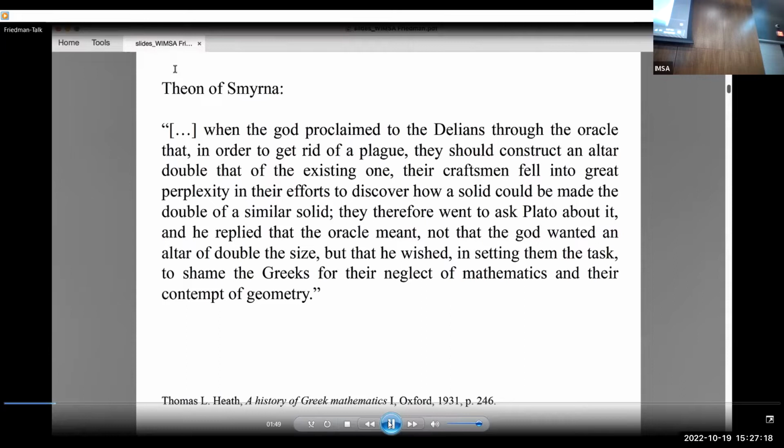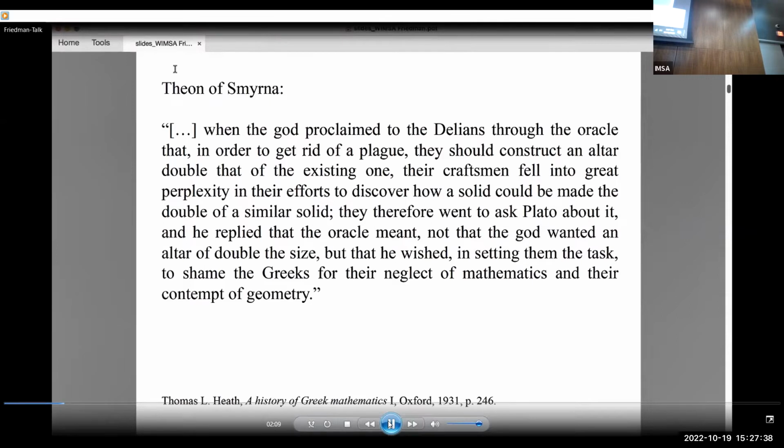They therefore went to ask Plato about it, and he replied that the oracle meant not that the god wanted an altar of double the size, but that he wished, in setting them the task, to reproach the Greeks for their neglect of mathematics and their contempt of geometry.